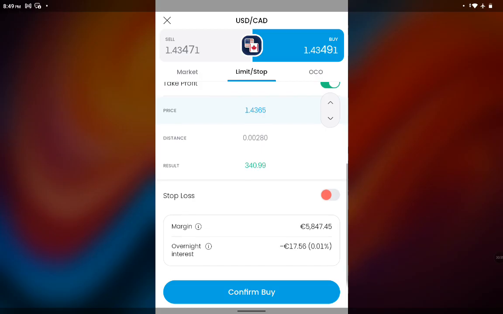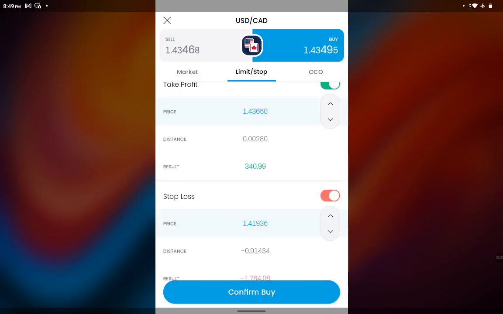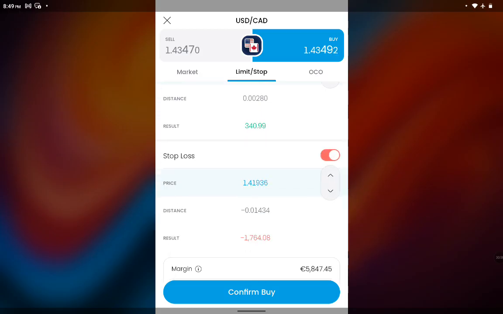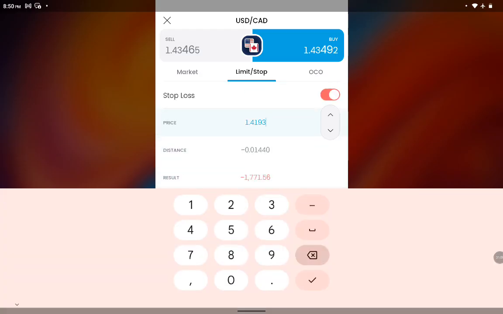And leave it there, and then make a stop loss, and stop loss also here again at 40. This time I'll put it at 12.